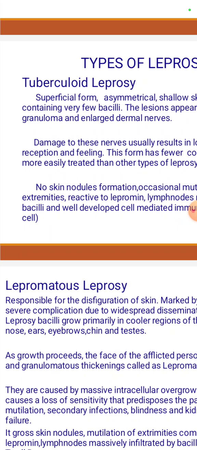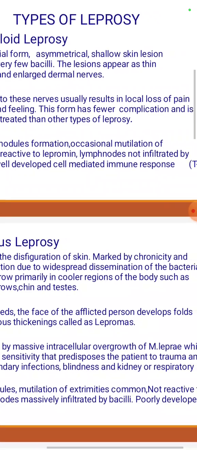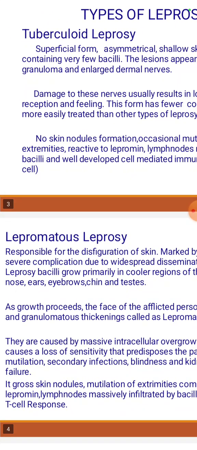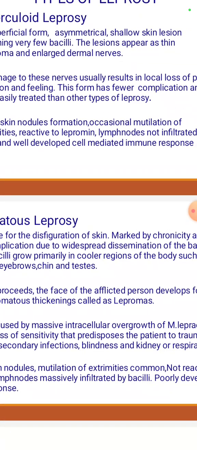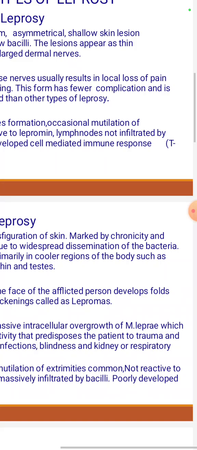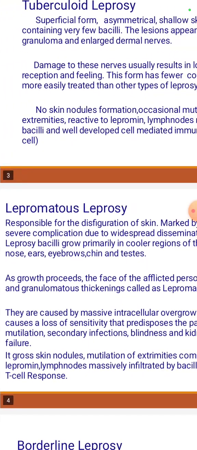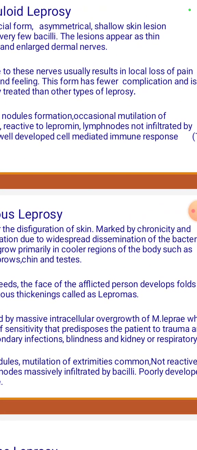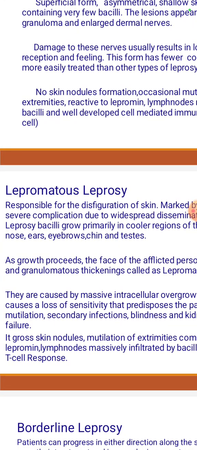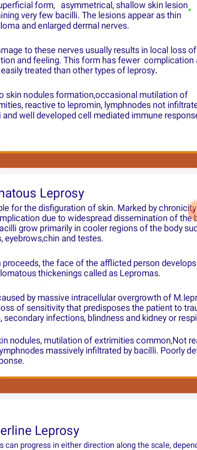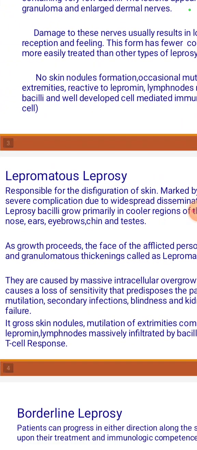As growth proceeds, the face of the afflicted person develops folds and granulomatous thickening called lepromas. They are caused by massive intracellular overgrowth of Mycobacterium leprae, which causes a loss of sensitivity that predisposes the patient to trauma and mutilation, secondary infection, blindness, and kidney or respiratory failure.